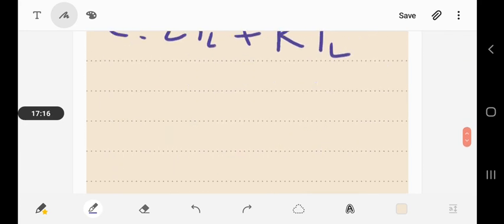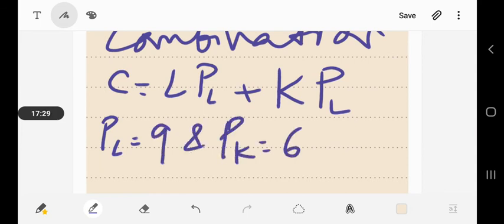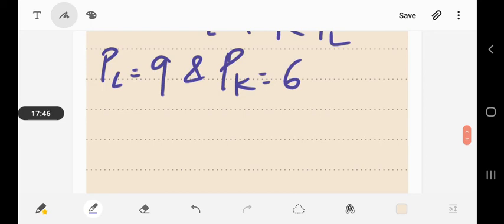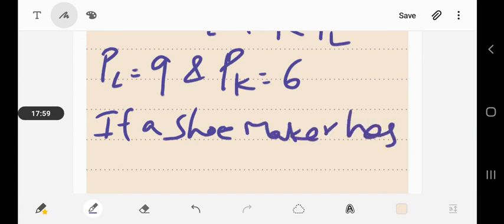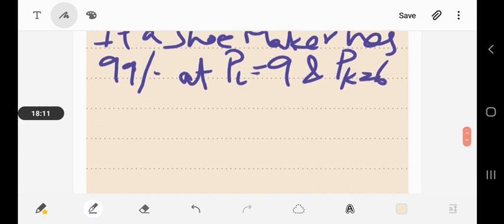So if a shoemaker has 99 rupees, at PL equal to 9 and PK equal to 6, he can only buy 11 units of labor with no capital.